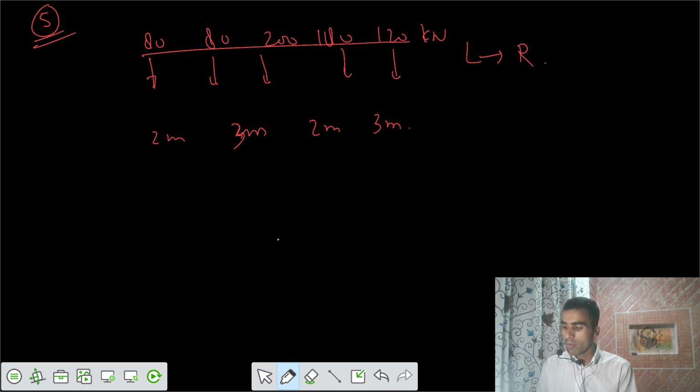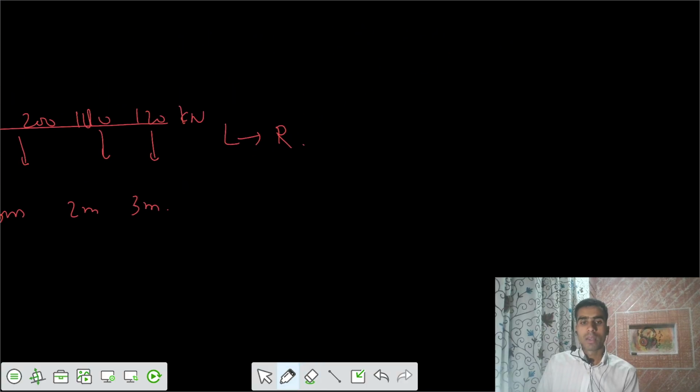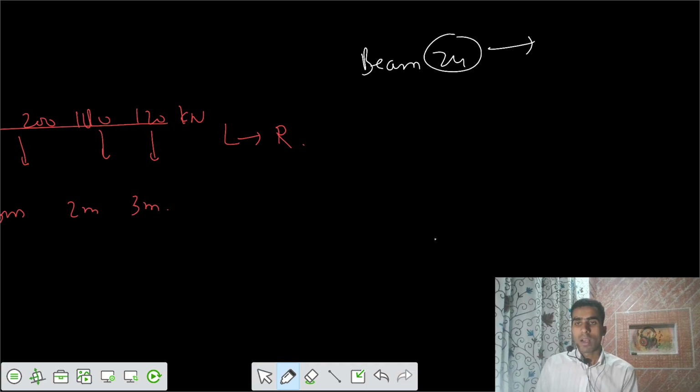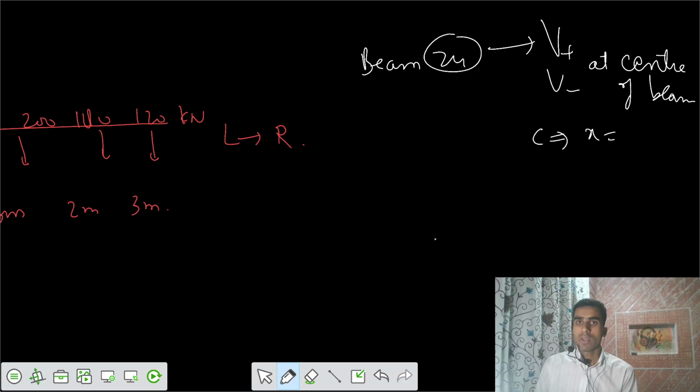And we have a beam of 24 meter. We need to get the maximum positive and maximum negative shear forces at the center of the beam, that means at section x equals 12 meter.